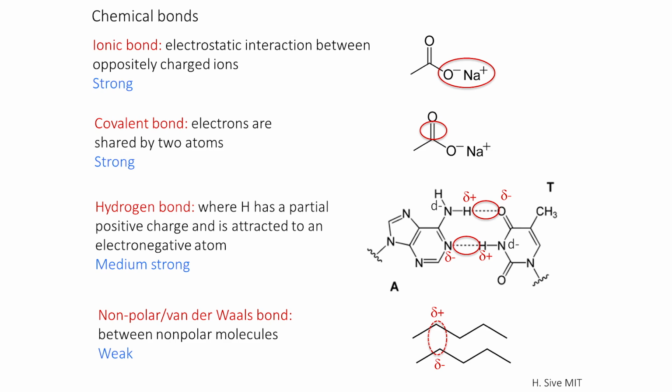This allows it to be attracted to an electronegative atom, which will have a partial negative charge. These two differential dipoles, the positive and the negative dipole, will then hold together two different molecules and form a bond between them. The hydrogen bond is shown by a dotted line.